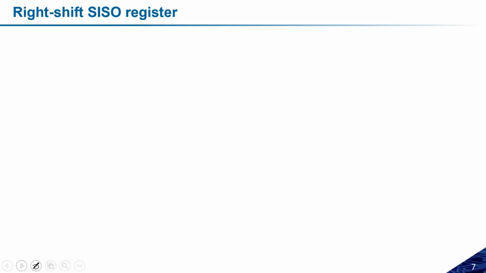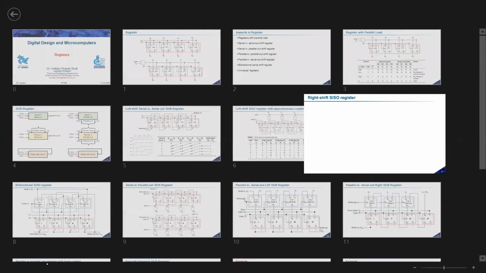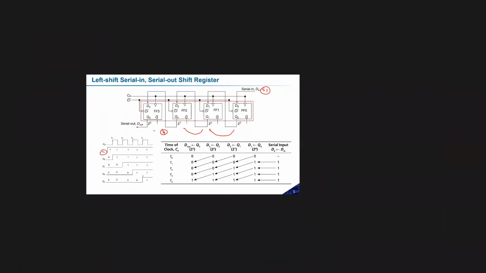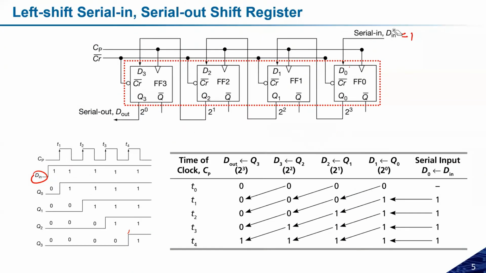Now let us talk about the right shift register. Let me go back to the previous slide, that is needed actually. See here, in the left shift register, we are providing input to the MSB side, sorry, this is the MSB side and this is the LSB side.